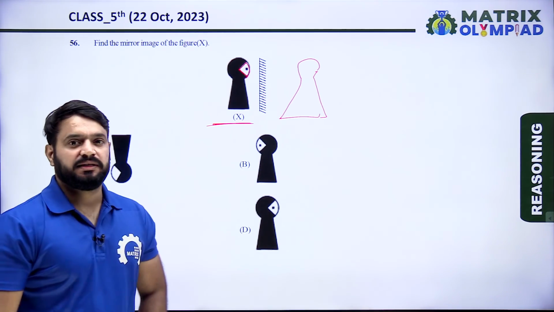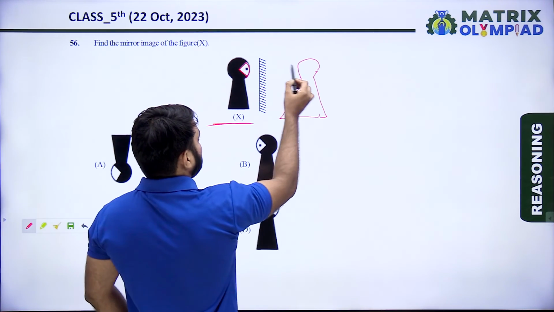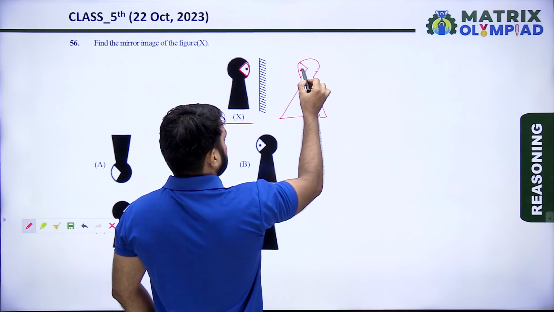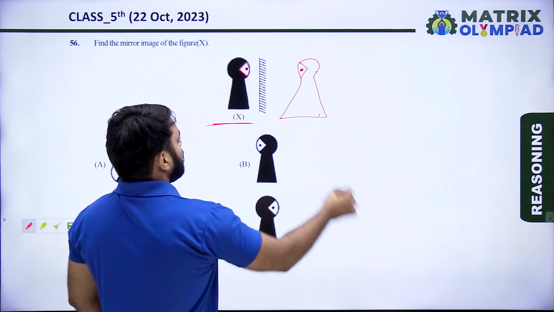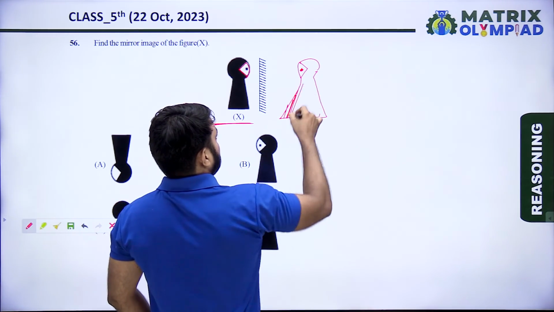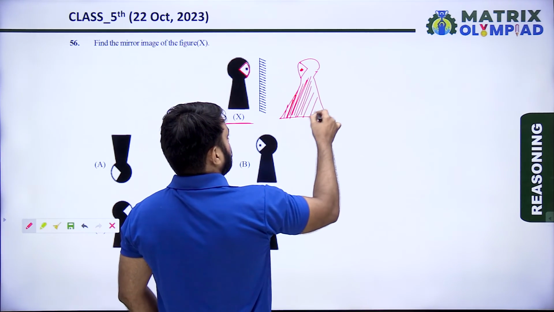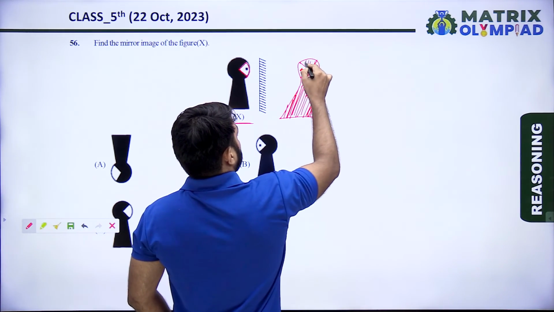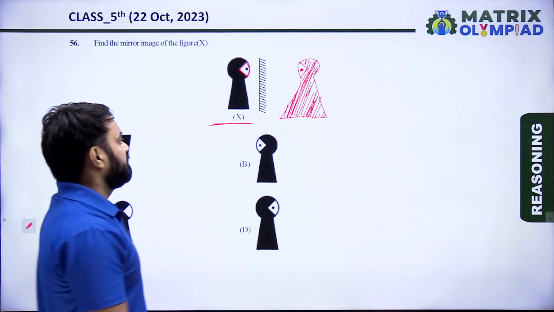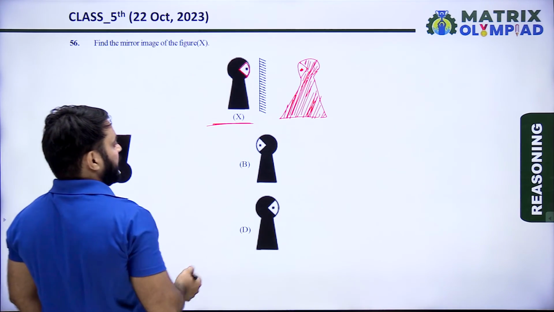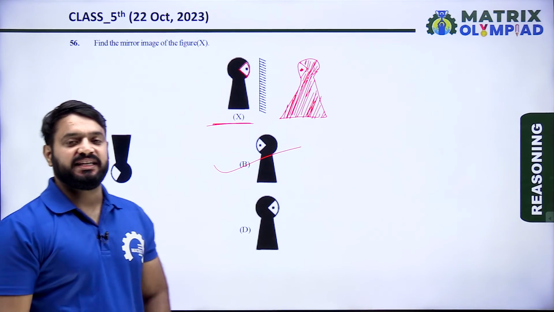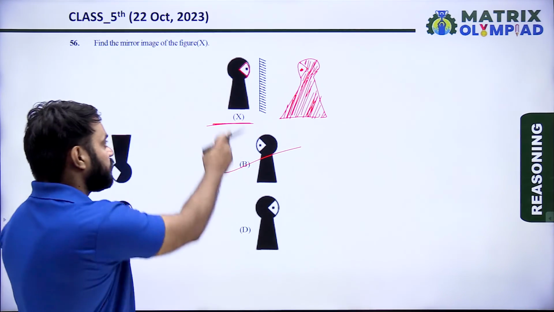This part remains near the mirror in the mirror image. And this is the shaded part of the figure. So here the correct mirror image of this figure is option B.